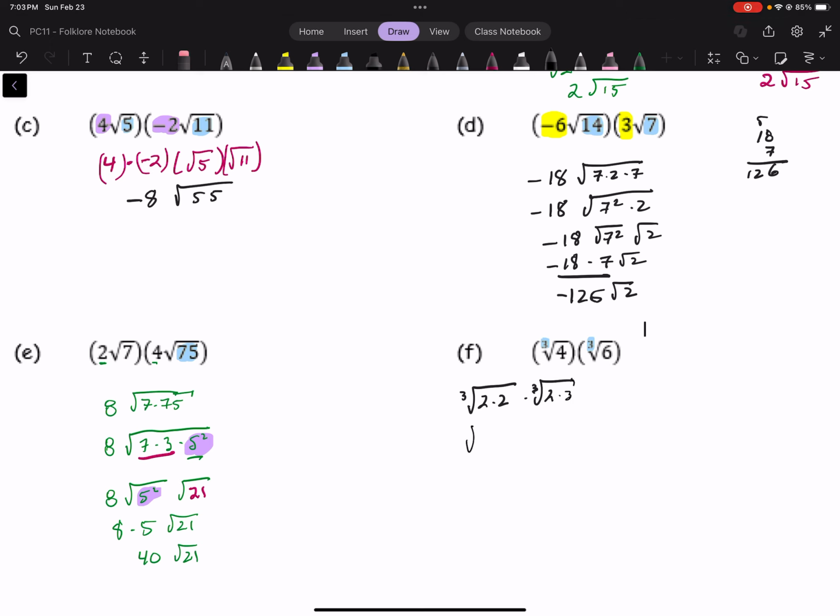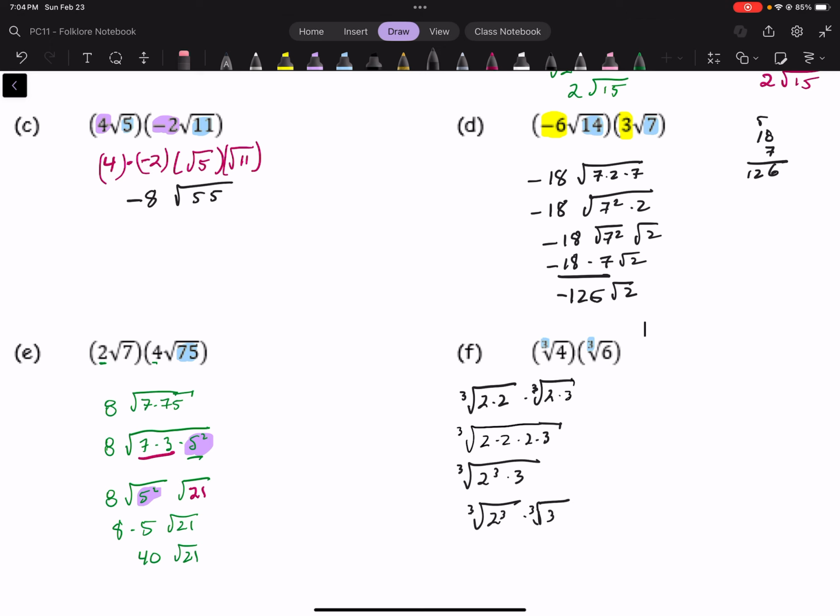So I'm going to combine my radicands, pardon me. Sorry, I made a mistake there. And I'm just going to say this is the cube root of 2 cubed times 3. Or in other words, this is the cube root of 2 cubed times the cube root of 3.